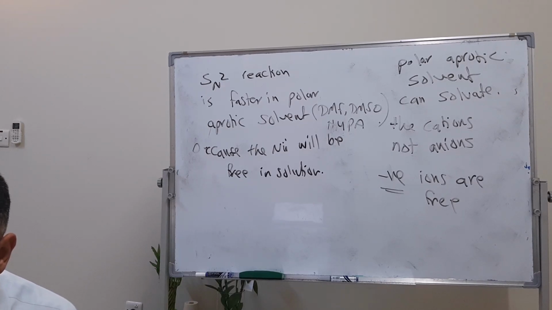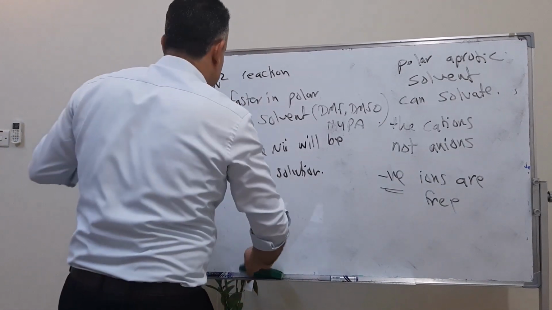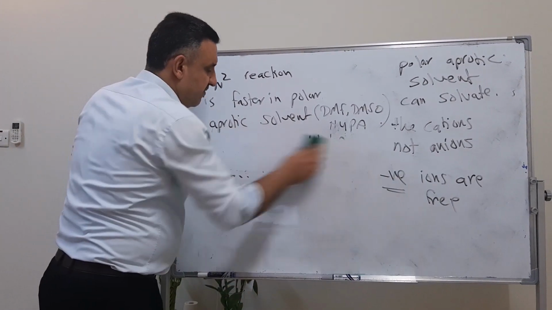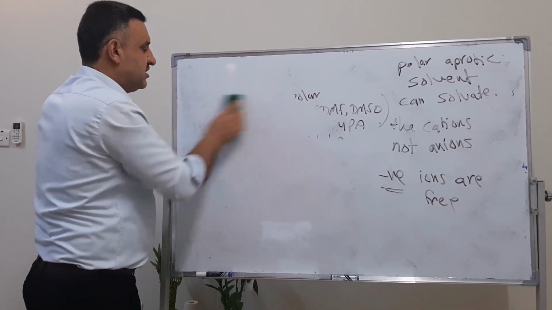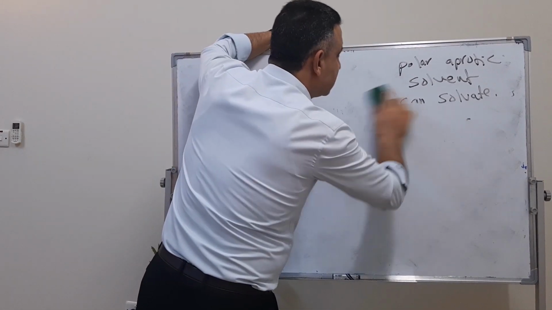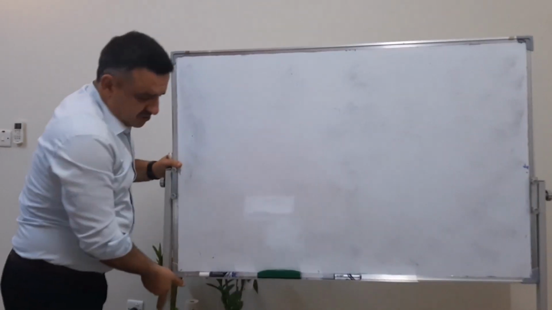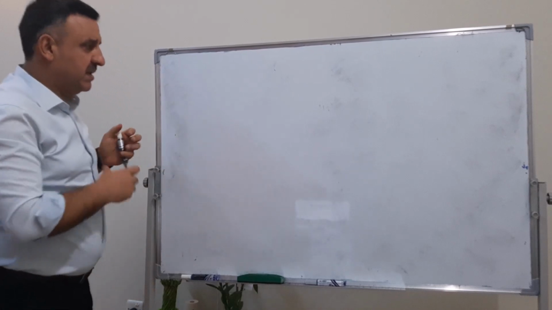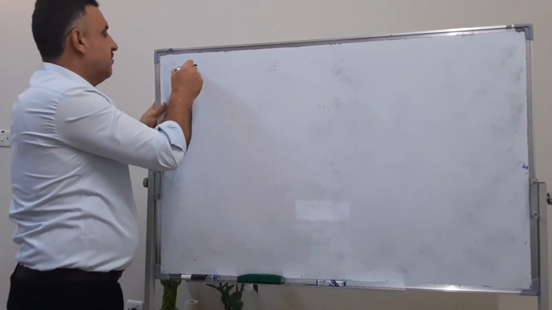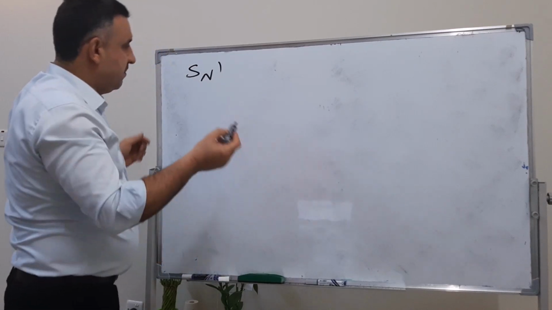All right. Now let's talk about the SN1 reaction mechanism, and then we'll stop at this point. Let's just make a very quick introduction. We have discussed all the factors affecting SN2 reaction mechanism, so we'll go now to SN1.